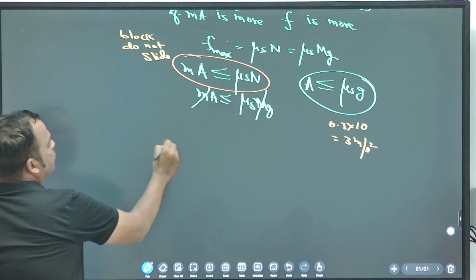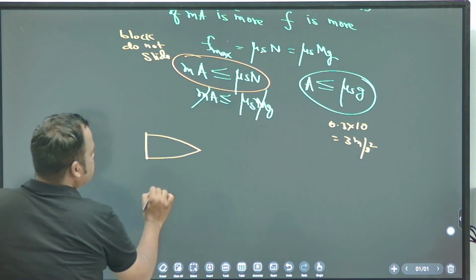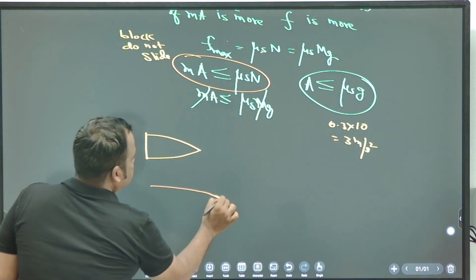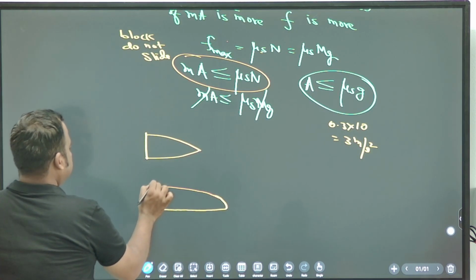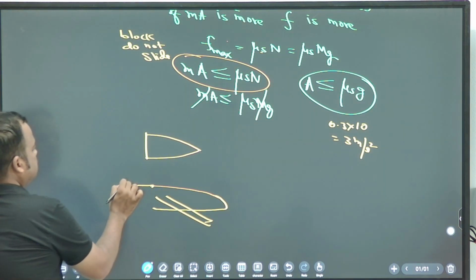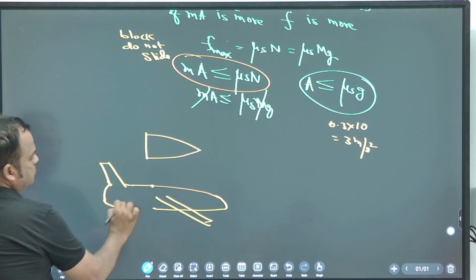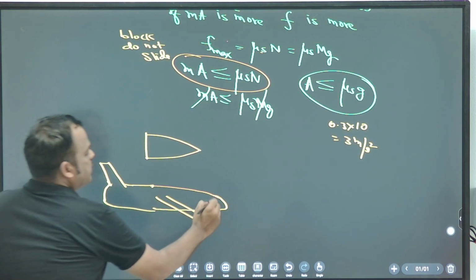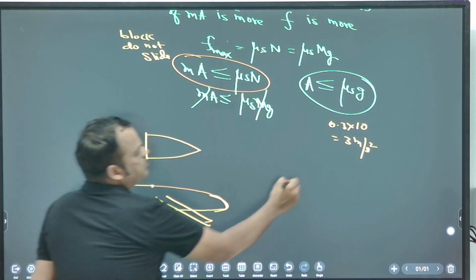The shape of the boat is like this. This is the boat. Aeroplane is also like this. So why? It is an aerodynamic shape, correct? Air friction will be less. Truck, what is the shape of the truck?